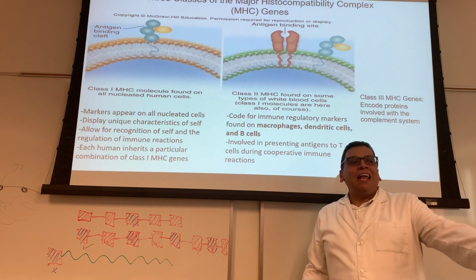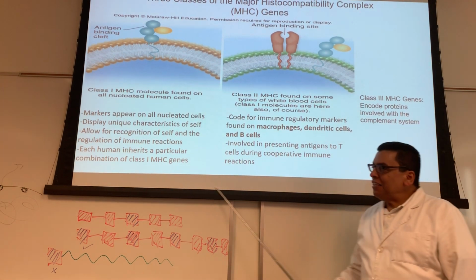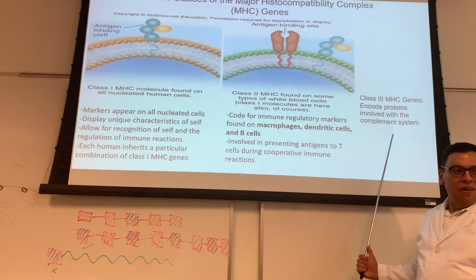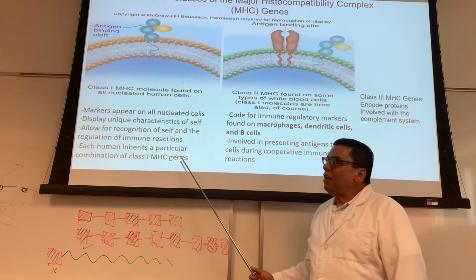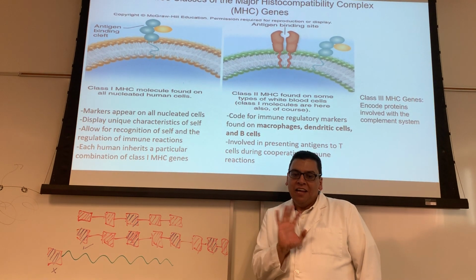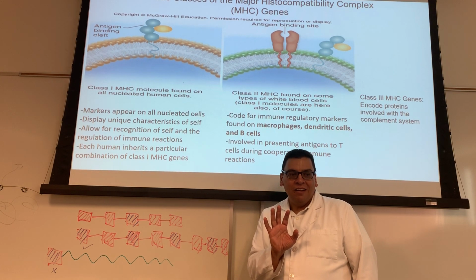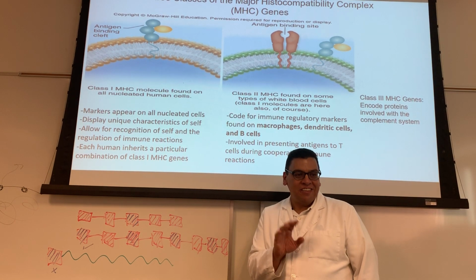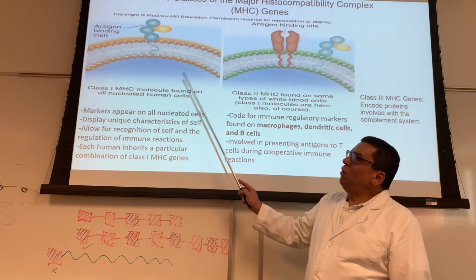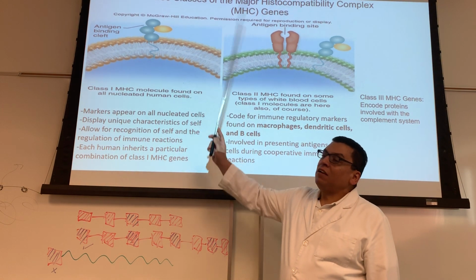Do you remember in the last chapter that cell that was virally infected that sent an interferon out to warn the neighboring cells? Do you remember that one? And I told you it's going to take a piece of the virus and put it on the surface of the cell saying, hey, I know I'm infected. I know what you're about to do to me. Just get it over with. What I'm saying is a virally infected cell will present that viral particle on MHC1.